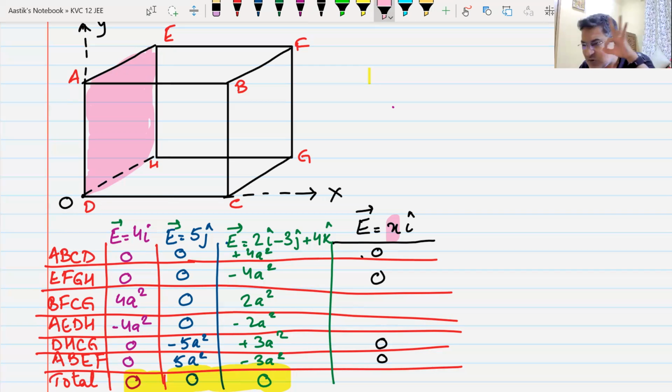The value of x is 0. And therefore the answer is 0. Yes or no? Do we understand this, or has it gone above our head, saying bye bye, sir? Understood, sir.